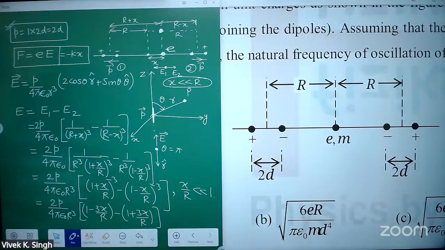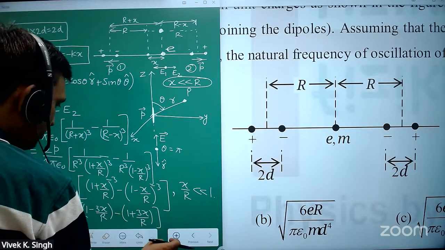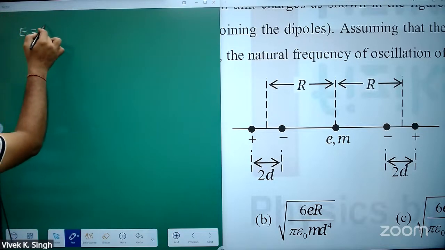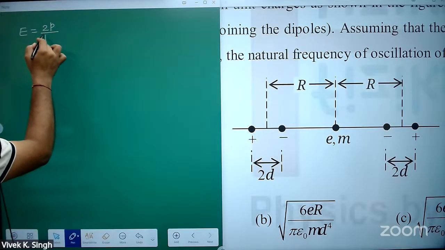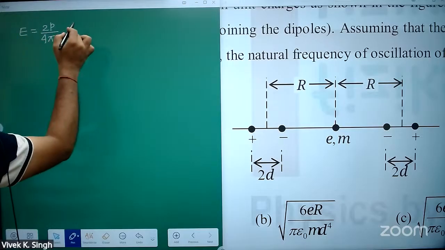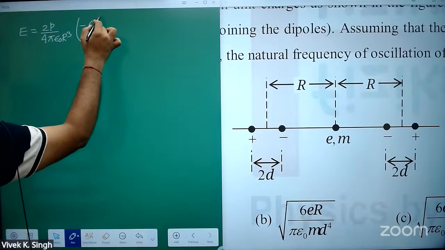Now see what will be the electric field. Just check the value. The 1 will cancel out and this is minus 6x by r. So the resultant field E is given by 2P by 4 pi epsilon naught r cube times minus 6x by r.